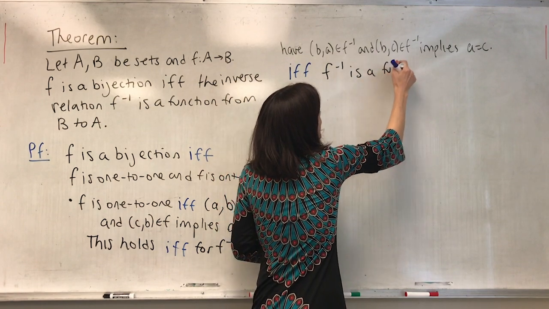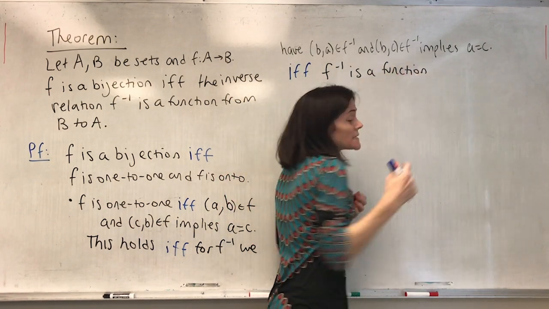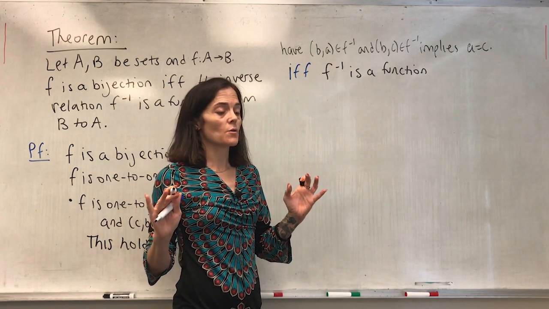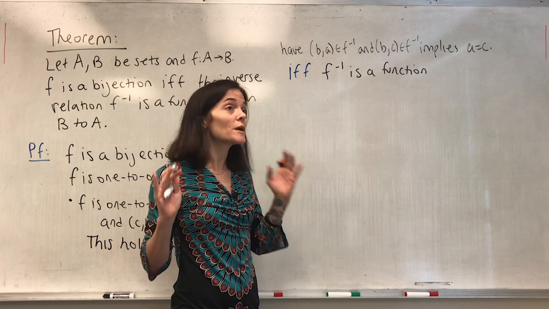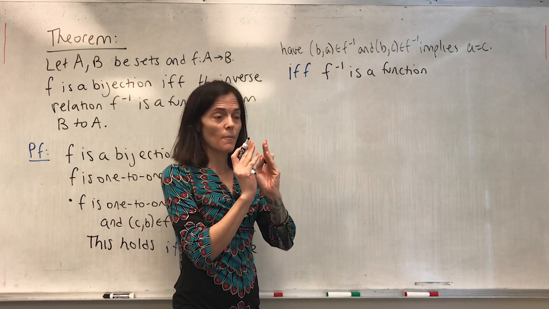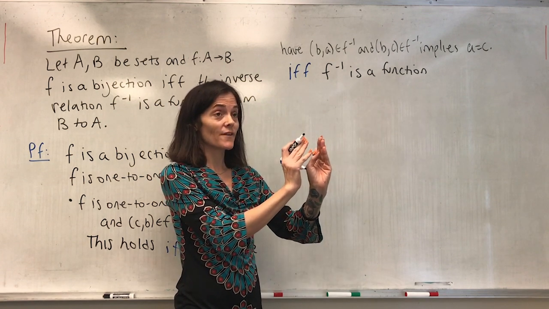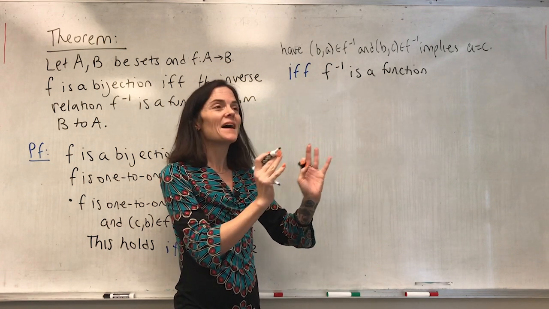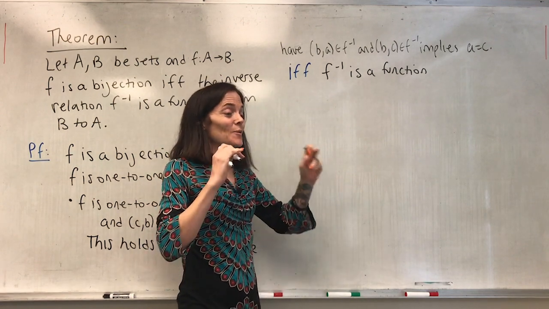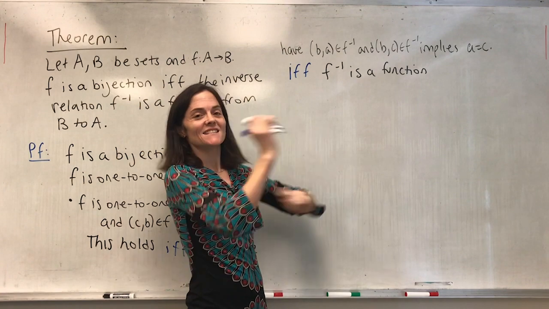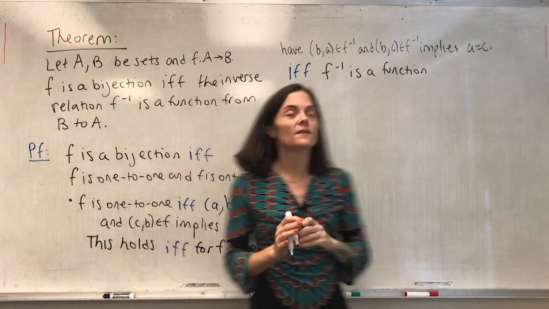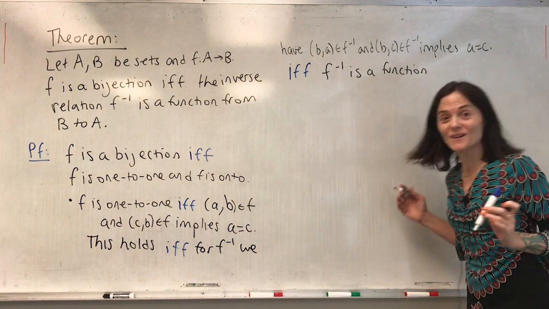And when it's a function, we know what the domain and the codomain would be, because they're the set of first coordinates for F inverse, this is the domain, and the set of second coordinates for F inverse, this is the codomain. But this isn't just any relation, it's F inverse, which means you interchange the two coordinates coming from F. So maybe let's put some words down.